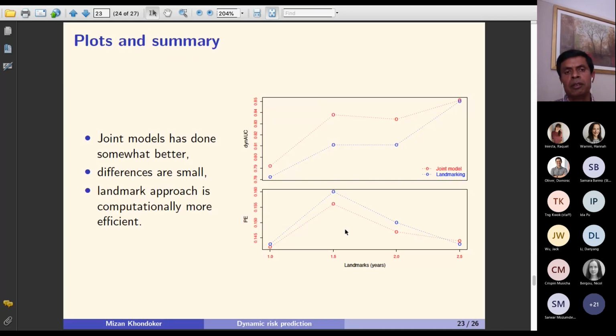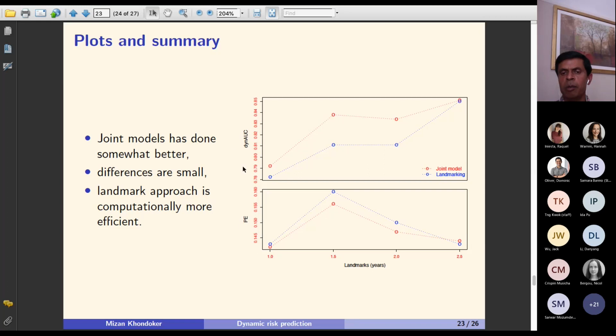And this is just a summary and the plot of the simulation results, to compare visually. This is dynamic AUC, area under the curve. The red line is the joint model, and the blue line is the landmarking approach.